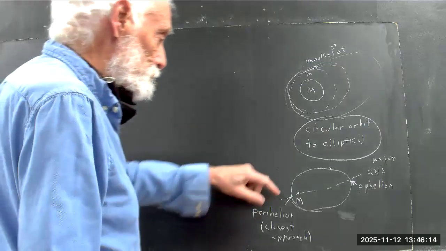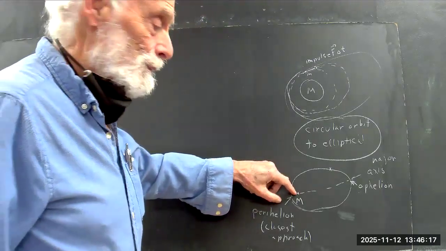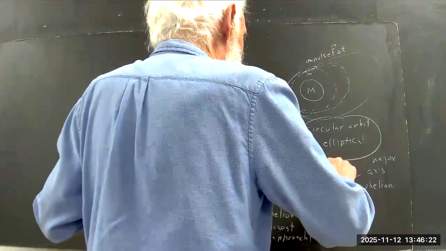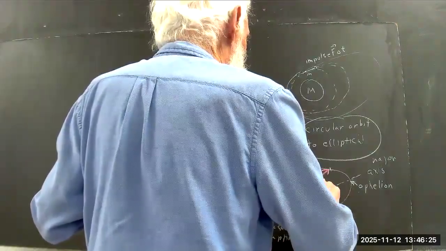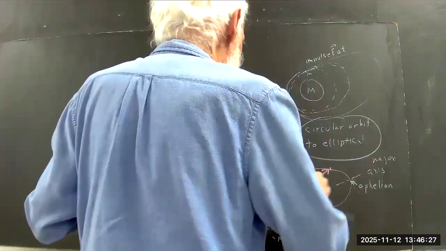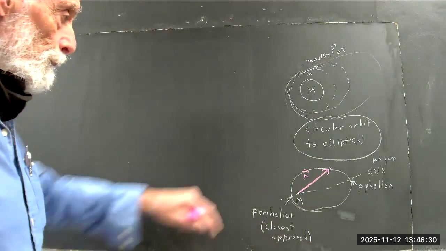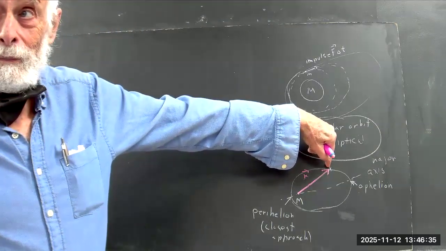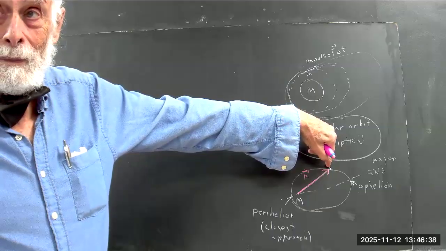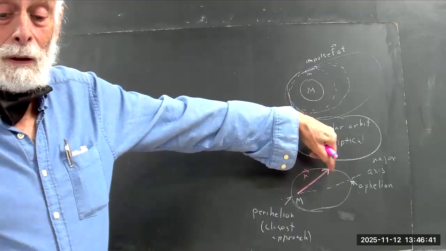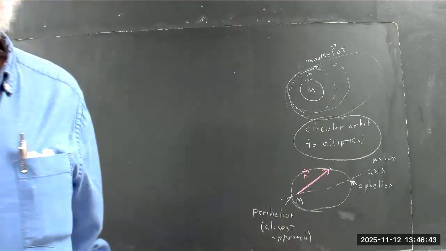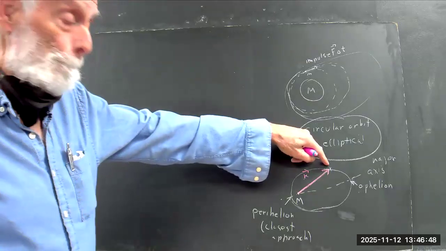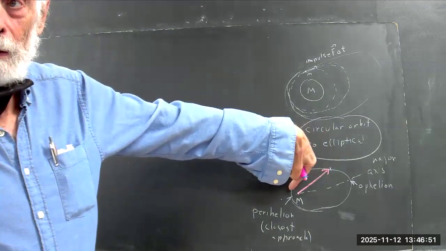I said that our point of reference is the center of the planet, so our vector goes from the center of the planet up to our mass. Now, where's our force vector? In what direction is the force on our mass? Well, it's a gravitational force, right? What's the direction of the gravitational force at this point? Back toward the planet.